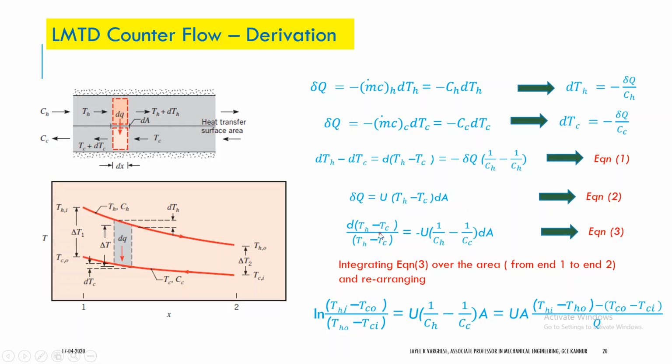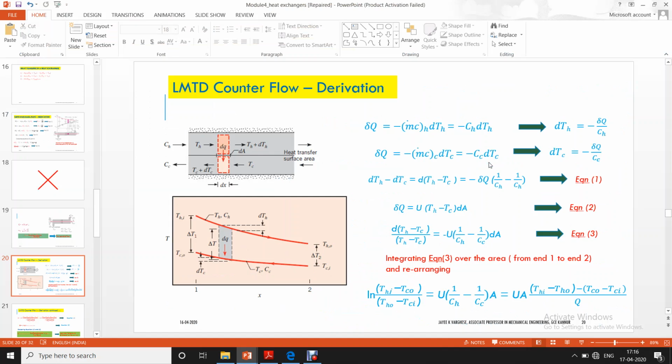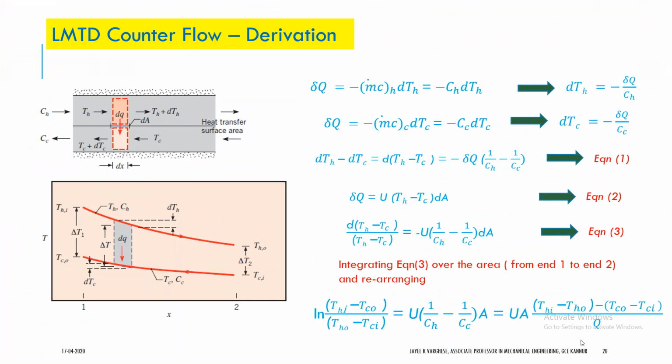d of th minus tc divided by th minus tc is equal to minus of u into dA into 1 by ch, sorry, this is wrong. There are some mistakes like that.